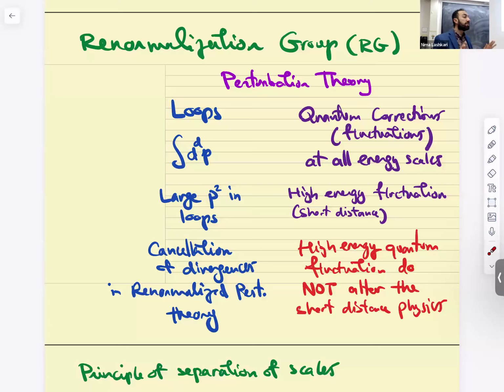A lot of what I say today is called Wilsonian renormalization group. It was first discovered by Wilson in the context of statistical field theory, right? Finite temperature, classical fields. But the same sort of logic also applies after Wick rotation in relativistic quantum field theory.